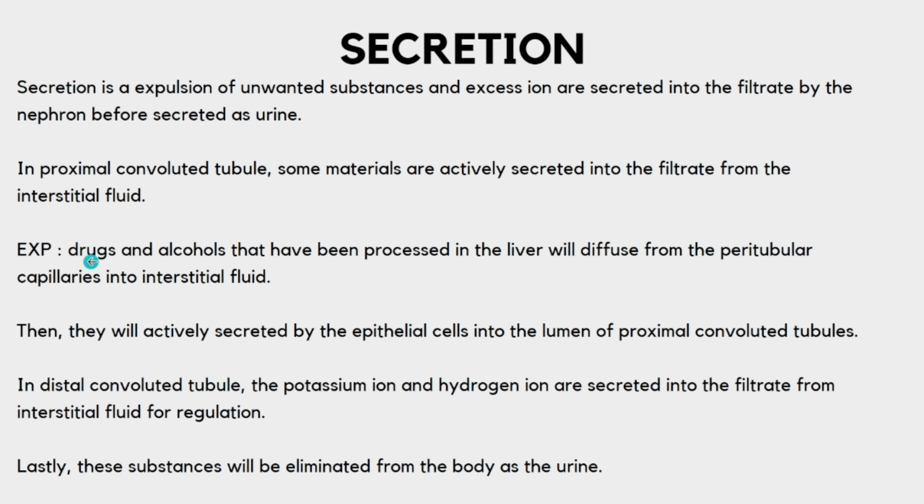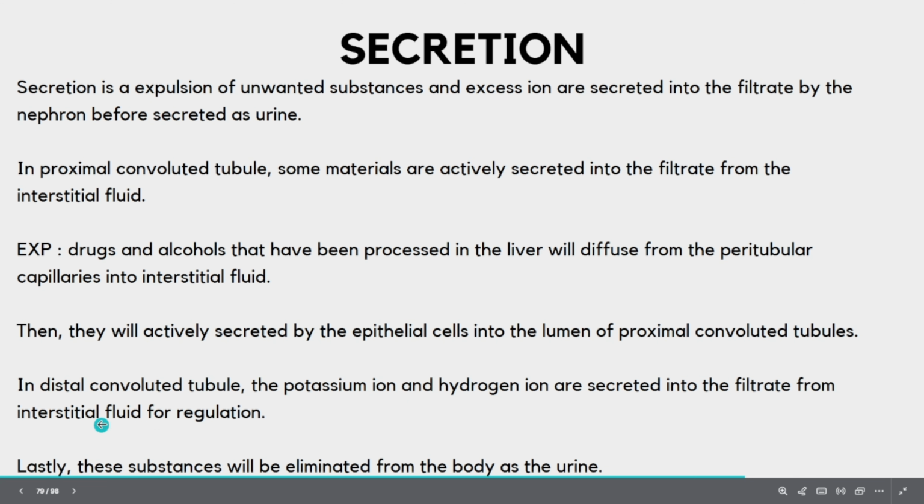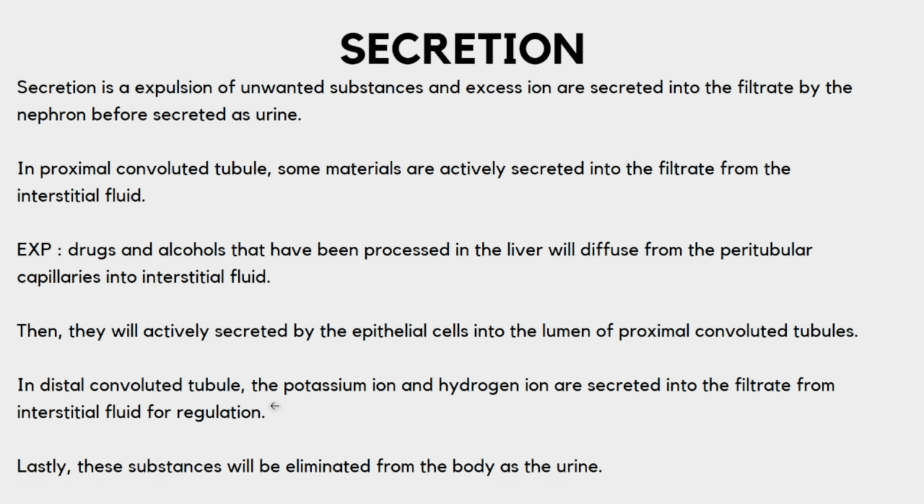For example, drugs and alcohol that have been processed in the liver will diffuse from the peritubular capillary into the interstitial fluid. They are actively secreted into the lumen of the proximal tubule. In the distal convoluted tubule, potassium ions and hydrogen ions are secreted into the filtrate from the interstitial fluid for regulation. And lastly, these substances will be eliminated from the body as urine.